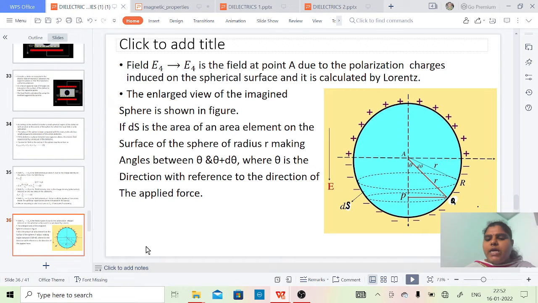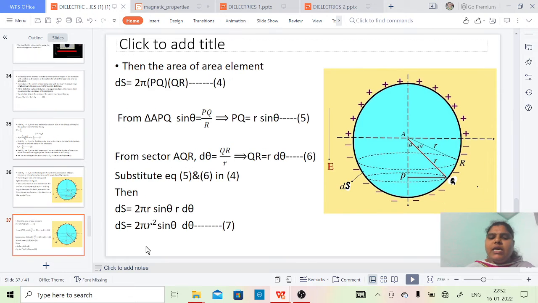Okay, so we are considering a small area dS. Then the area element dS equals 2 pi PQ times QR, with angle theta plus d theta. From triangle APQ, sine theta equals, what is sine theta?